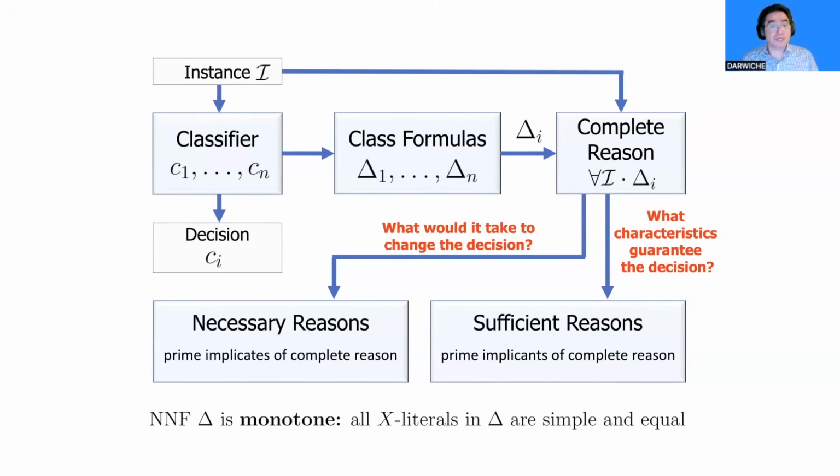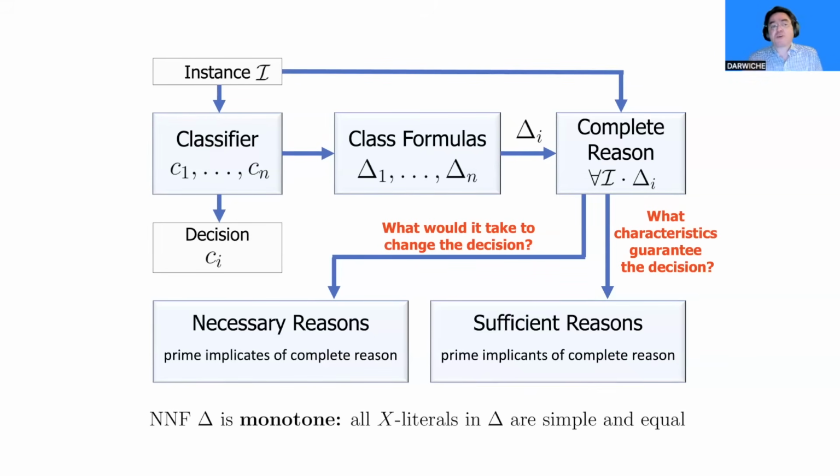In discrete logic, the notion of monotonicity can be defined like this, that all literals of a particular variable are simple and equal. So first, you cannot have general literals. They have to be states, and they have to be equal. And in this case, that is indeed satisfied by complete reasons. In fact, trivially, by the way we defined it in this tutorial.